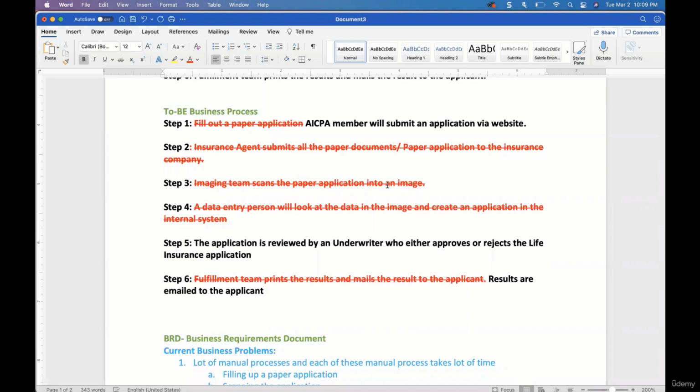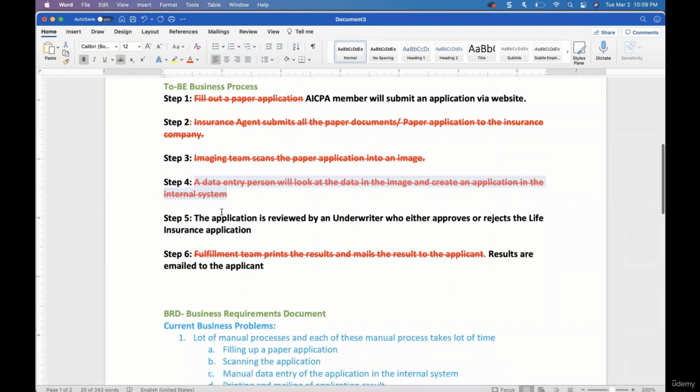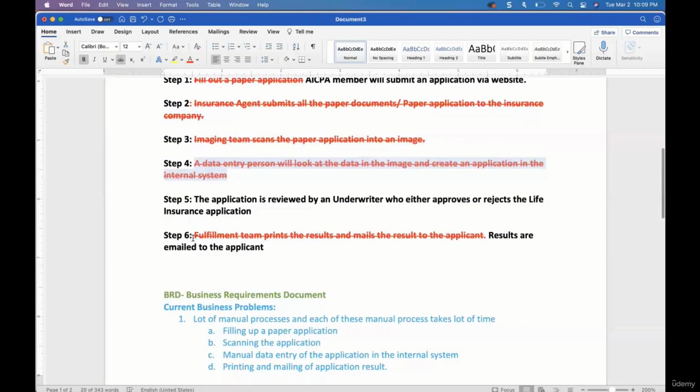I'm eliminating the people who do the data entry, and apart from saving the cost of employees, I'm also removing all the errors that could happen by the data entry person. I'm removing all the people who print the forms. I'm saving on the printing cost, the mailing cost, the cost of paper, everything. So it's a huge, huge savings.